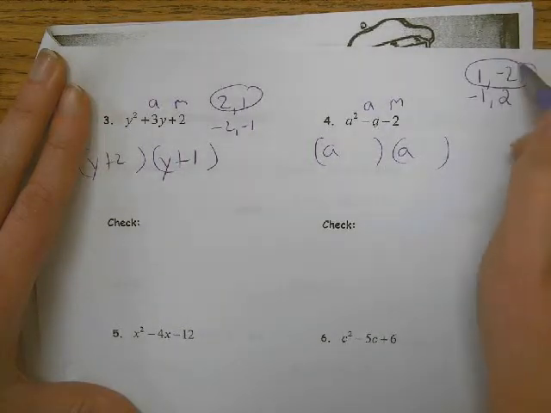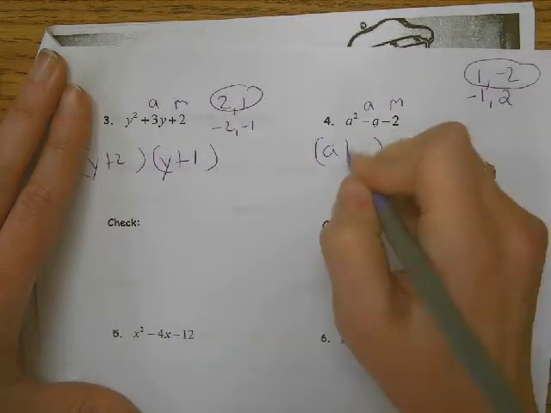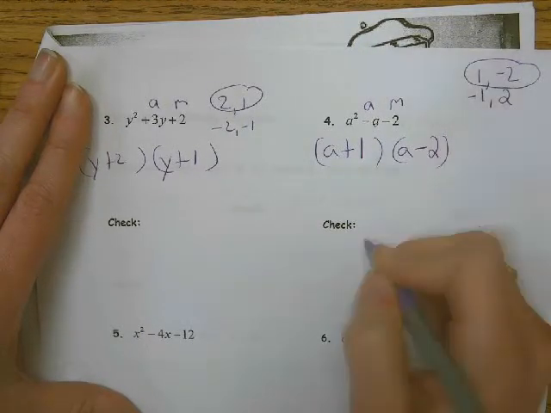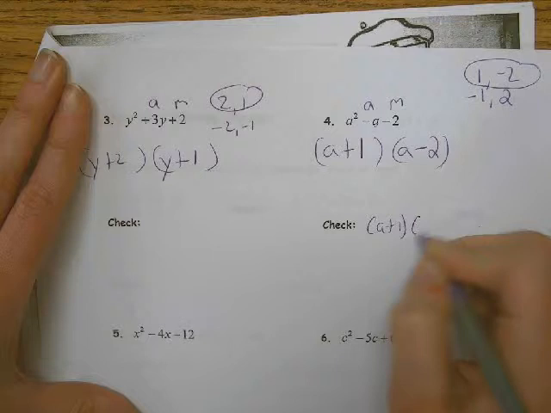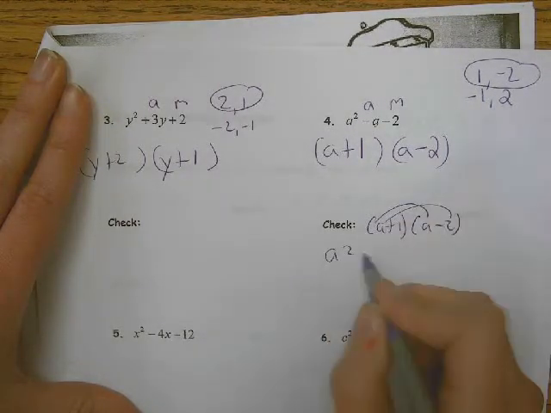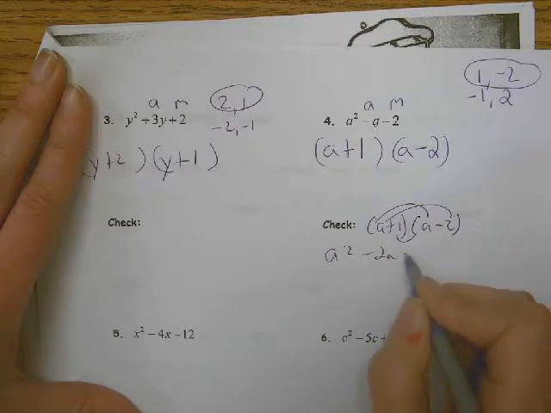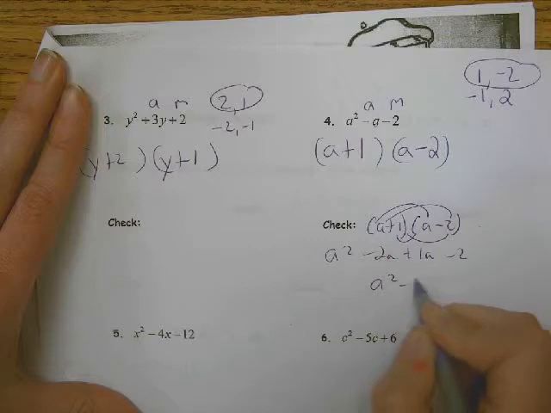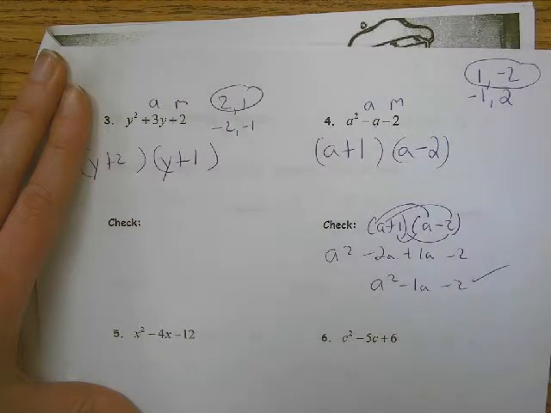So these are my factors: plus 1, minus 2. Let's check that one because it's a little different. First, outers, inners, lasts. Combine like terms, checks.